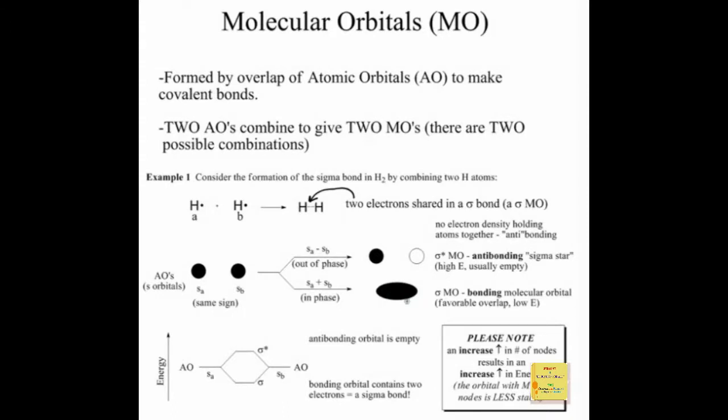This is what it looks like when you have favorable overlap between the 2 atomic orbitals. But another way they can come together, if you can imagine the s orbital from hydrogen A subtracted from the s orbital of hydrogen B, we would describe those now as being out of phase, and they would no longer have a favorable overlap.